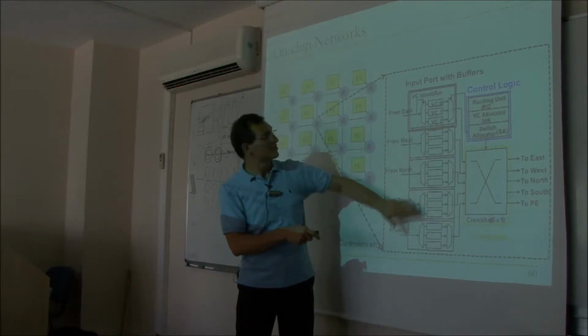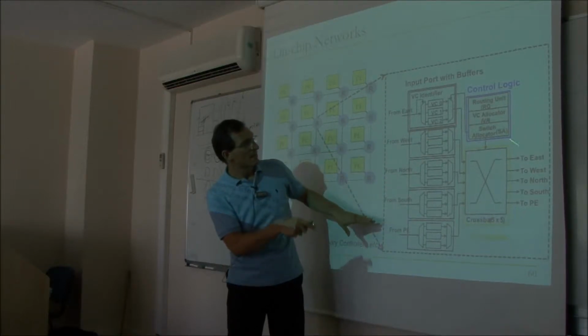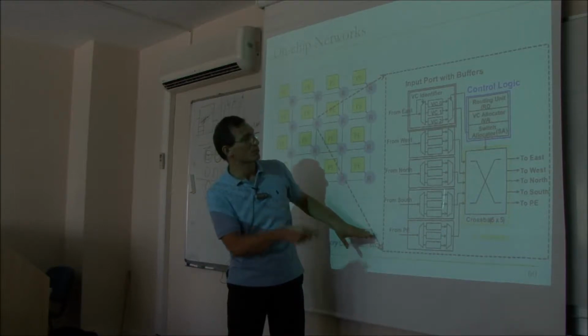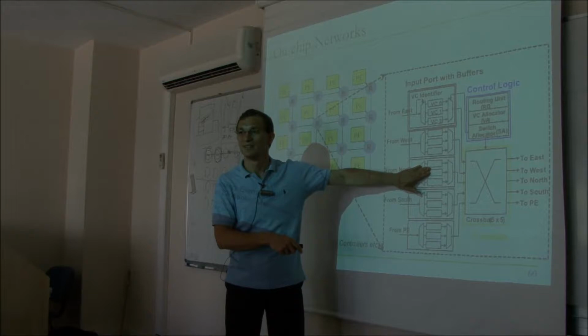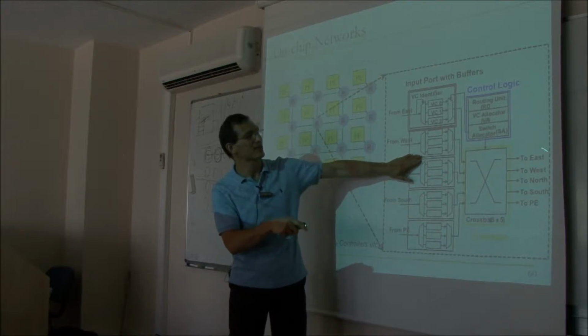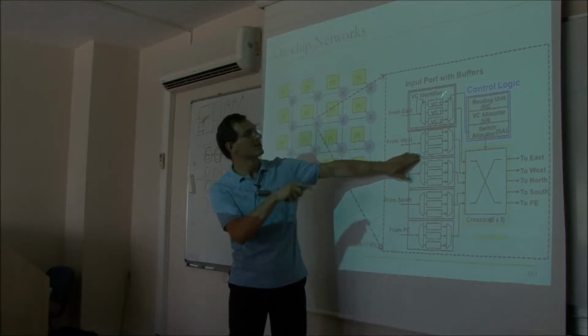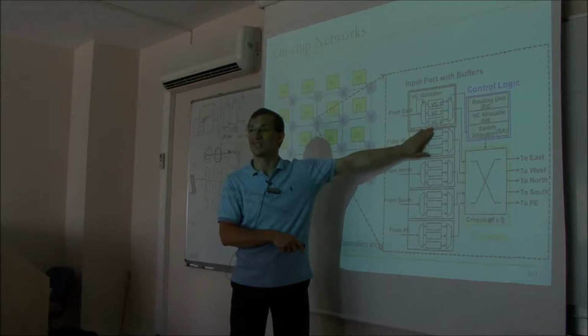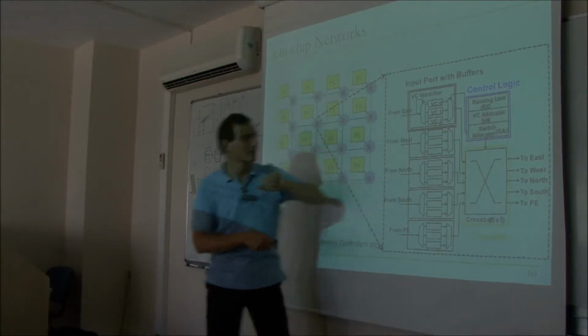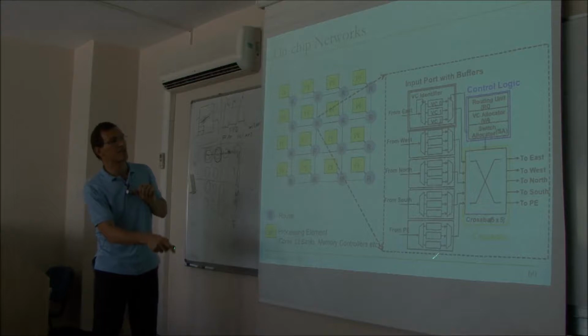So for example, for each output port, you need to figure out who wants that output port, and you need to arbitrate. So the arbitration algorithm is, for each output port, figure out what is picked to go next. Okay? And the complexity increases as you add more buffers, as you add more input ports, as well as more virtual channels.